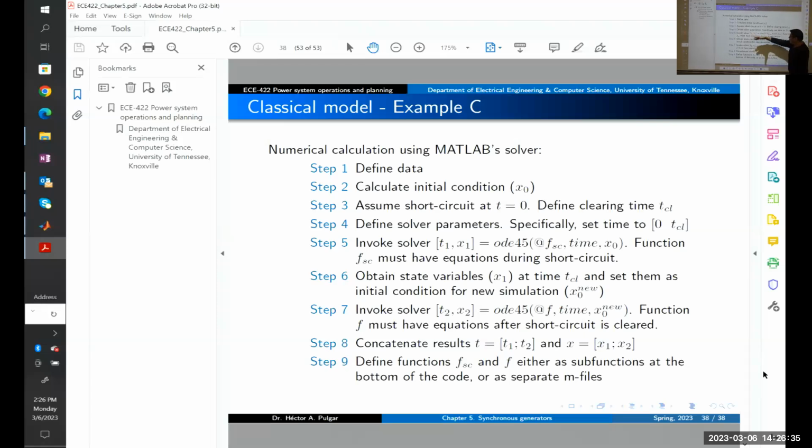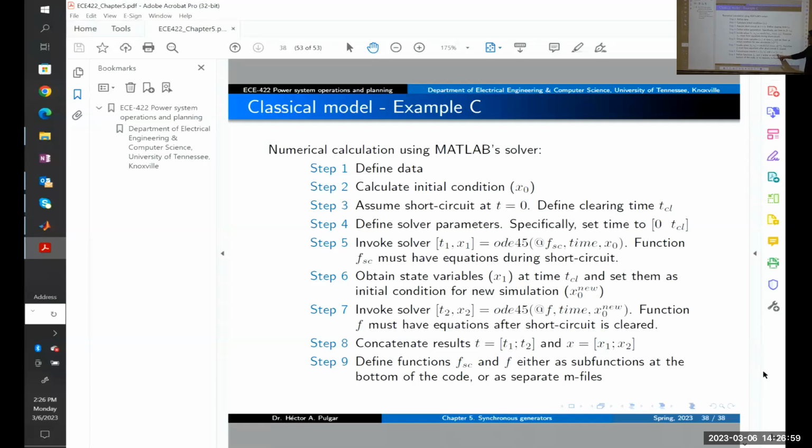Because the time moves in a sequential fashion, first is short circuit, the last value here is 0.1, and the first value here for T2 is 0.1, we can concatenate the result by doing this. We put them consecutively. First, the time during the short circuit, and then the time after the fault has been cleared.